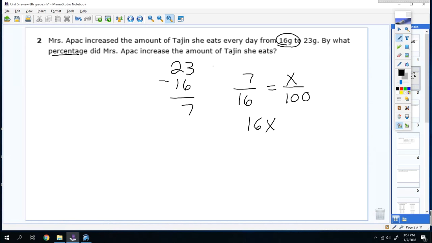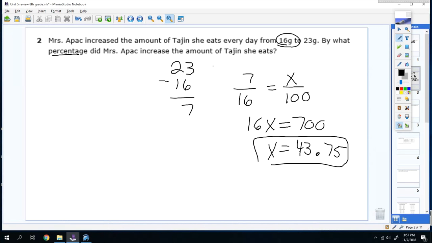So you get 16x equals 700. And then you divide by 16. And you get 43.75%. So she increased her intake by 43%, but about 44%.